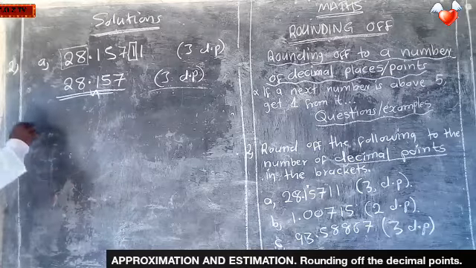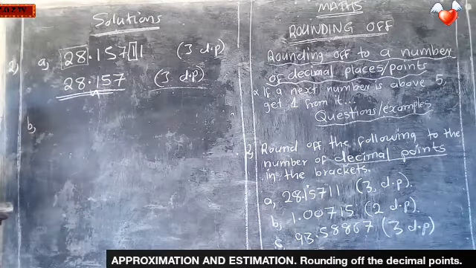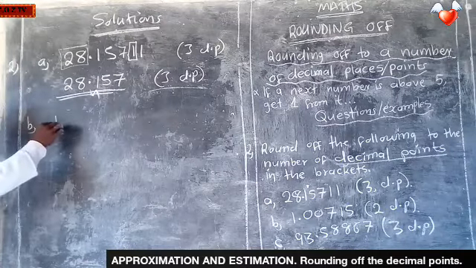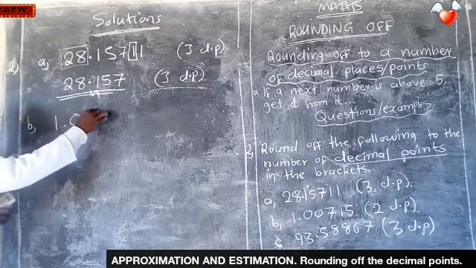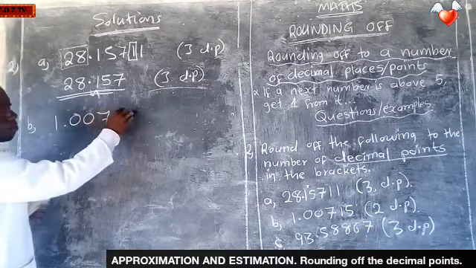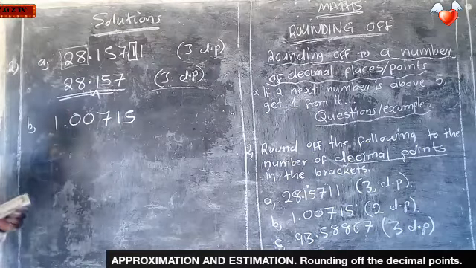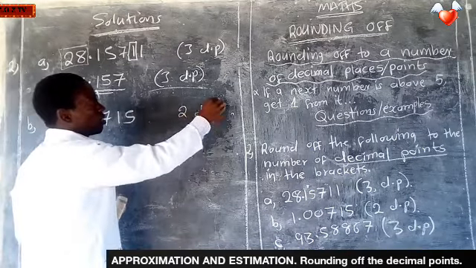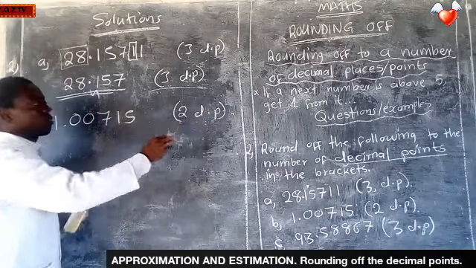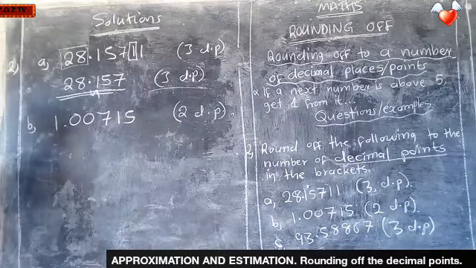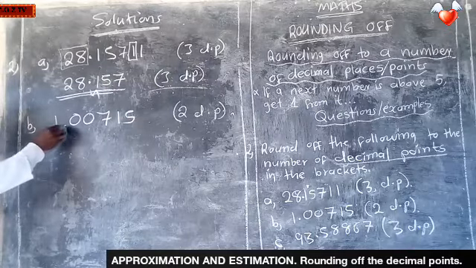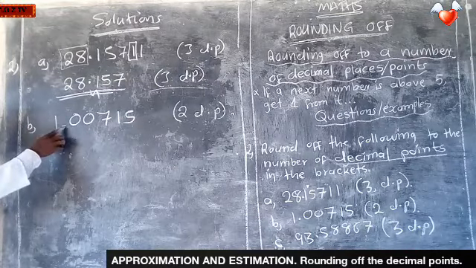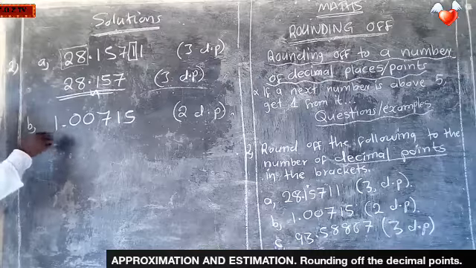Next is B. B we have 1.00715. The condition is to write this number to 2 decimal places. So here is a point. Before the point, there's a number 1.